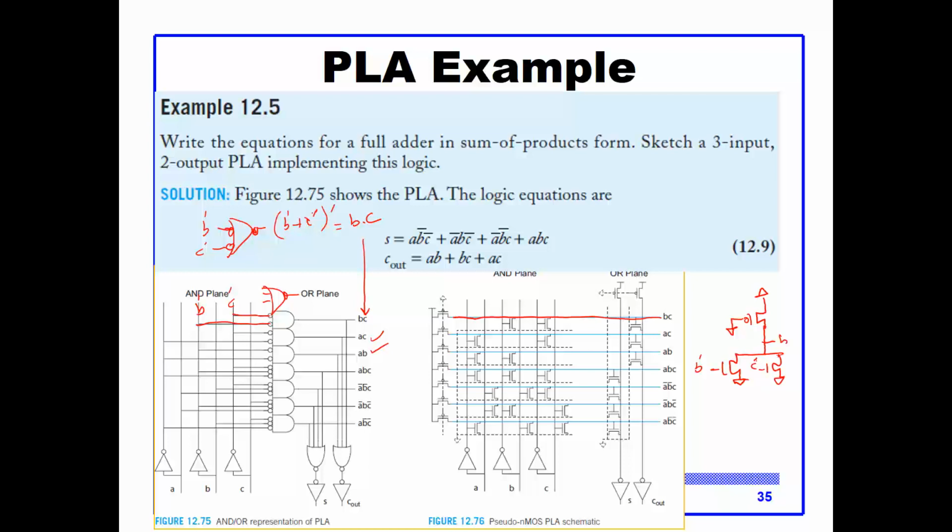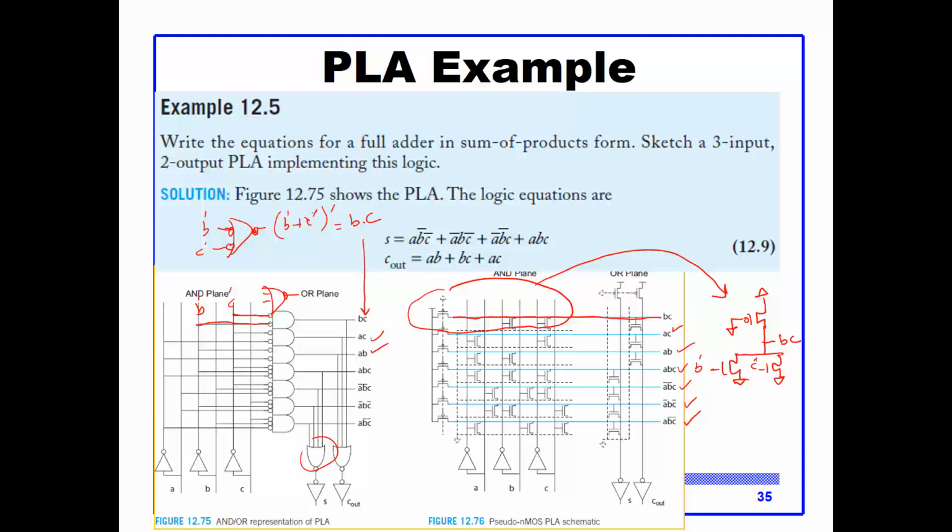The output here is BC. That's exactly what you have in the circuit right here. Similarly, you can implement the AC output and the AB and ABC, A prime B prime C, AB prime, A prime B C prime, A B prime C prime, and then you implement this NOR gate similarly for these.